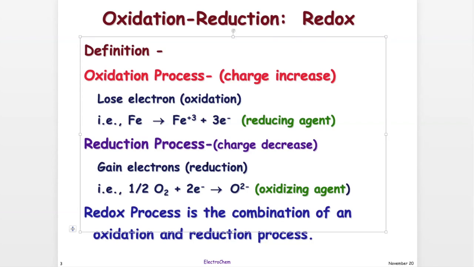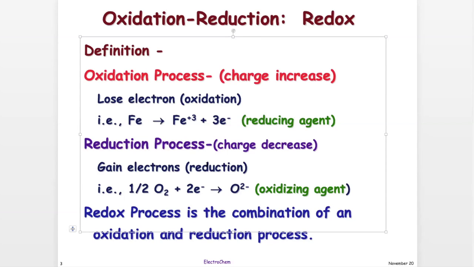The reduction process is when a species drops down in its overall charge. Okay, it goes from a +1 to a 0, or a -1 to a -3. Anything that reduces its charge is going to be a reduction process. And reduction means that it's going to gain electrons, because remember, electrons are negatively charged. So when you add more negative, the charge decreases.